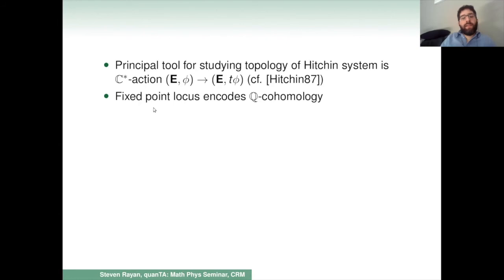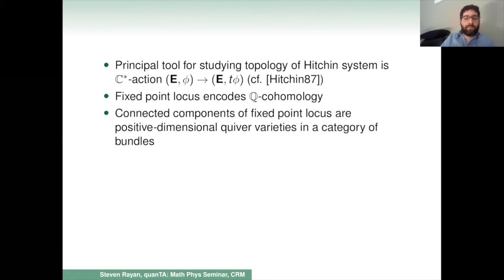The point is that the fixed point locus of the C-star action encodes the rational singular cohomology of the moduli space. So by computing the fixed points, you can determine everything about the cohomology of the moduli space, and therefore extract Hodge numbers and Betti numbers and related topological invariants.